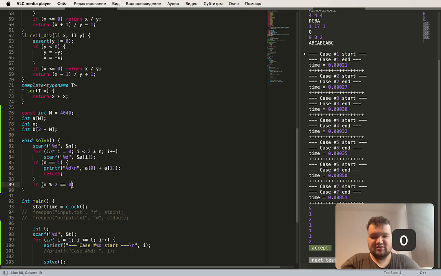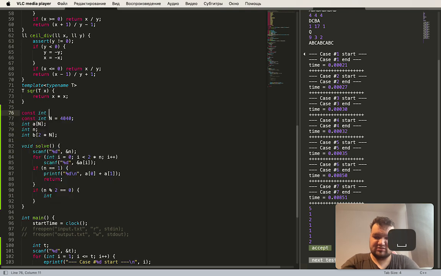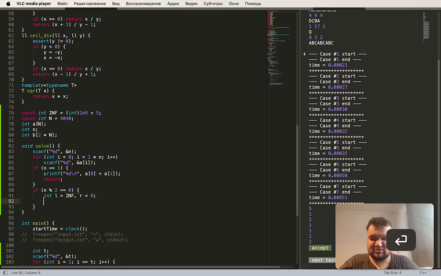If n is even, so I'm just saying that the minimum is inf, the maximum is 0.